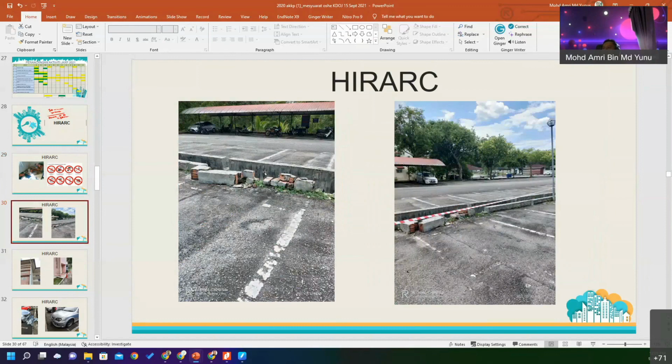Here on the parking lot, this is the open area. What we found here is basically the road ledge, you can say. It's basically a guideline for cars to make sure when they park, they do not drive their car over into the drain.